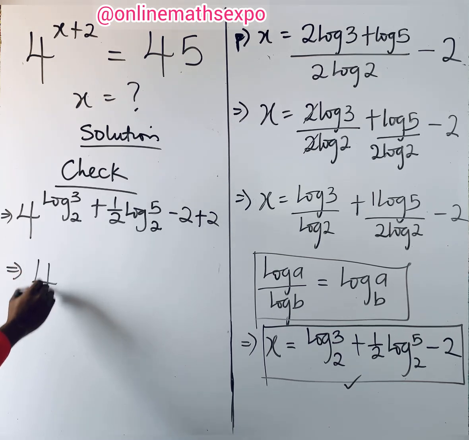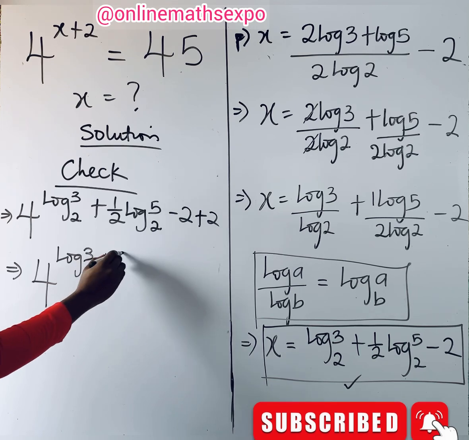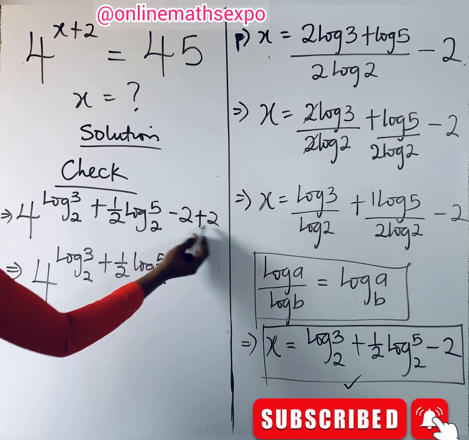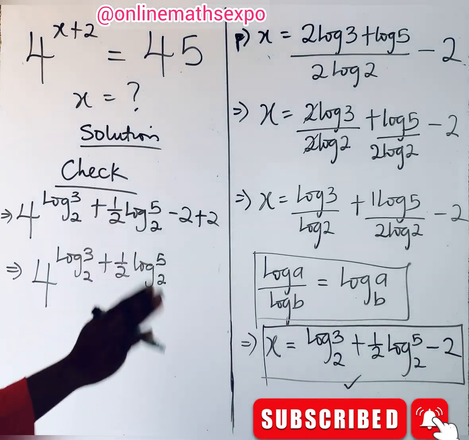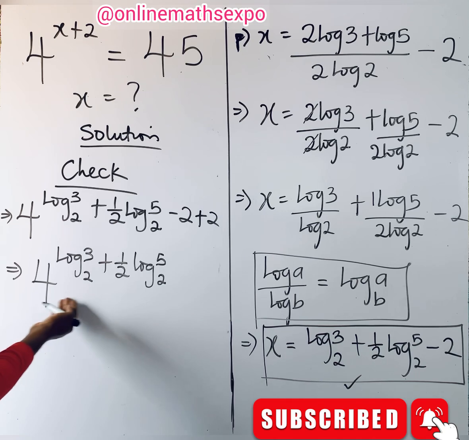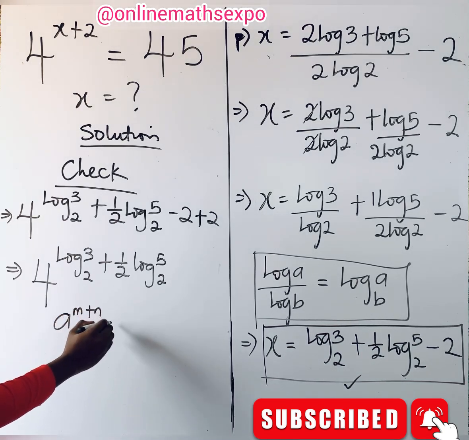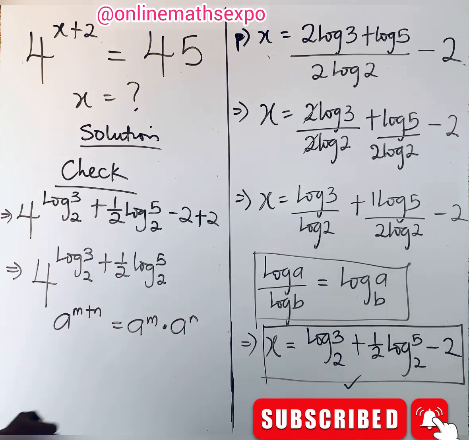This gives us 4 raised to power of log of 3 base 2 plus half of log of 5 base 2. When you add the minus 2 and plus 2, it gives you 0, so it's gone off. Now remember that a raised to power m plus n is the same as a raised to power m multiplied by a raised to power n.